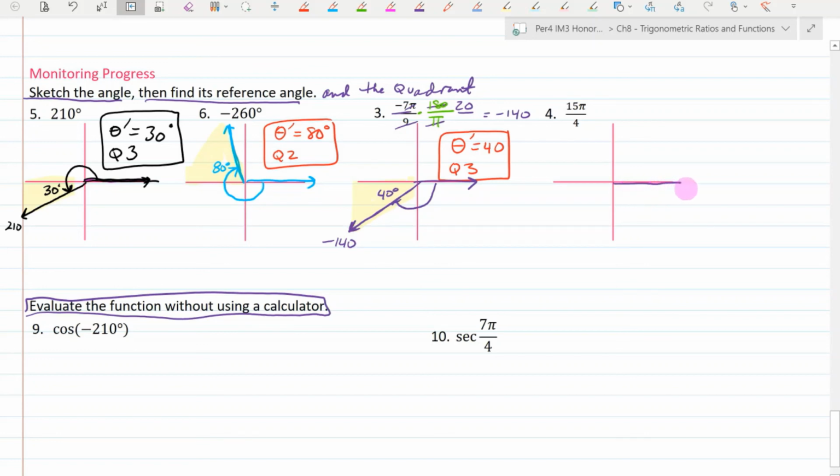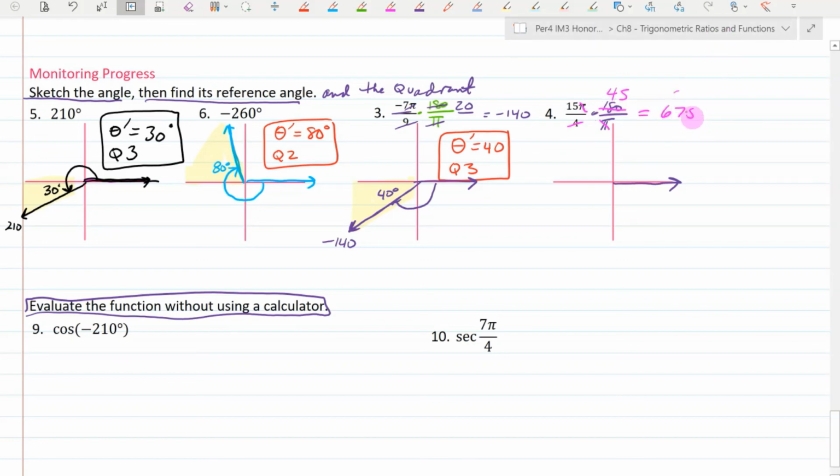Next, arrow at the beginning. Going to multiply this by 180 over pi. You don't want to have both pi at the top. That's how you know the pi cancels. 4 goes into 180. So if you don't know that, just divide by 2 twice. If I divide by 2, it's 90, and if I divide by 2 again, it's 45. You can go ahead and multiply 45 times 15 in your calculator.